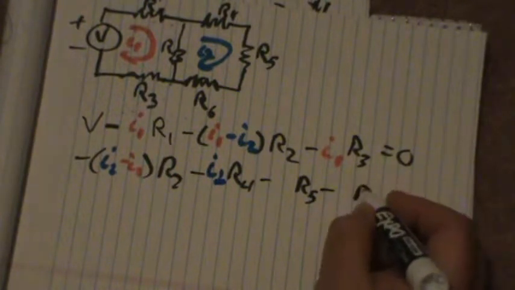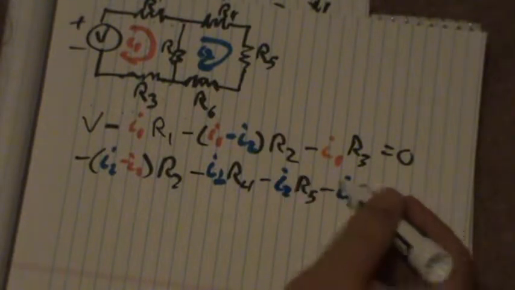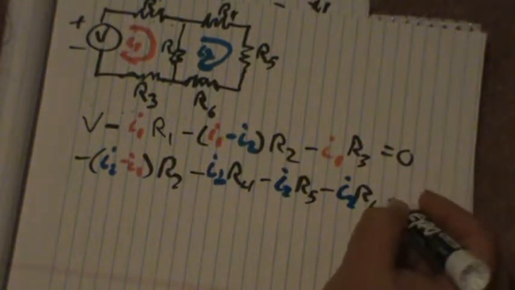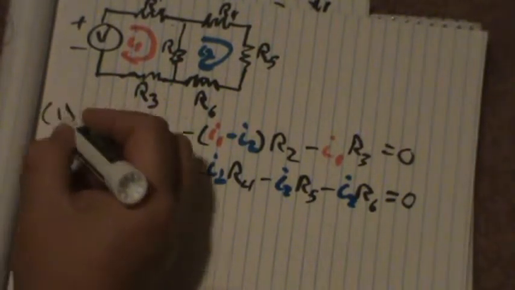Being lazy, I'm just going to put the resistances in, and each one of these has current I2 flowing through them, so those are the respective voltage drops. The sum of the voltage drops through those two has to be equal to 0. Okay, so this is equation 1, this is equation 2, from the two different mesh currents that I have.